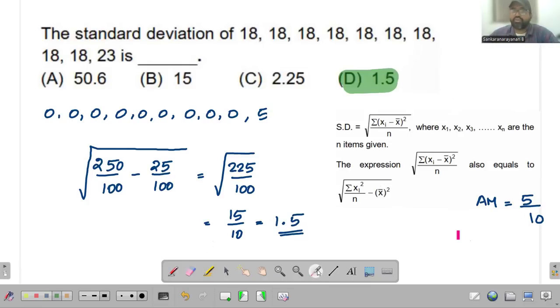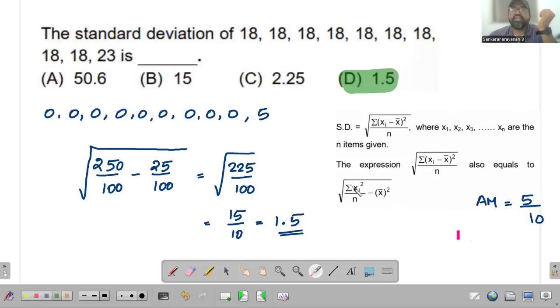Okay, so for simply answering this question, all these observations are the same, right? So you subtract 18 from each of these observations. So these 9 18s that I have presented here, all of them will become 0. 23 minus 18 will become 5. Now just use this formula, summation xi square.